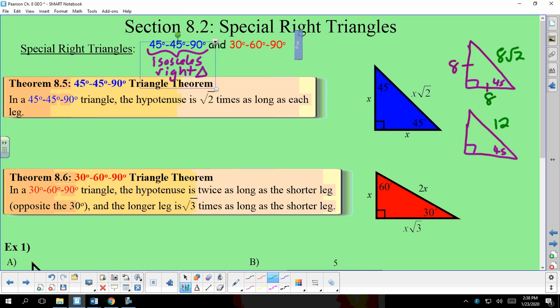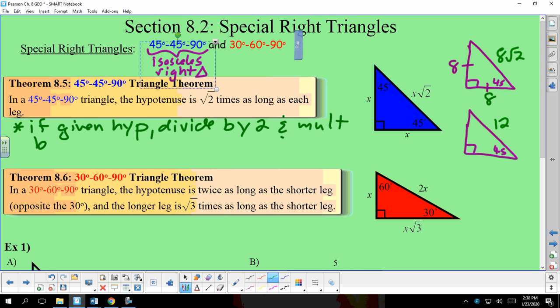So if given the hypotenuse, divide by 2 and multiply by the square root of 2, find the legs.